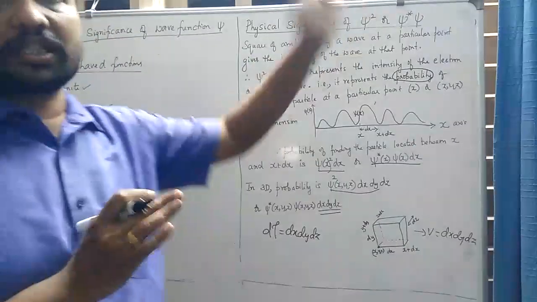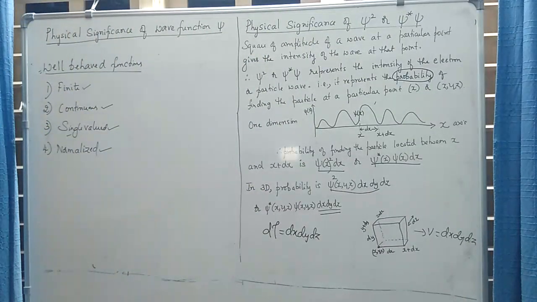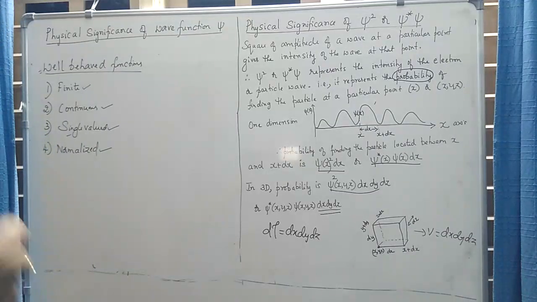Psi square or psi star into psi represents the probability of finding the electron. And probability is always a number lying between 0 and 1. Probability cannot be less than 0, it cannot be greater than 1. The lowest value is 0, and the highest value of probability is 1. So it is always a finite value.